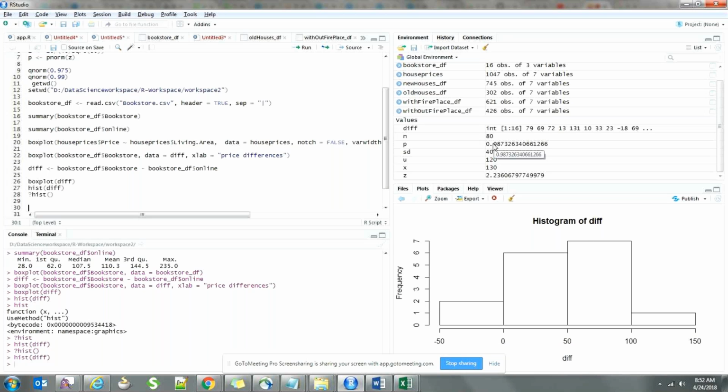Sample size is 16, so n minus 1 will be 15. And probability is 97.5. qt 97.5, and degrees of freedom 15, and get the value, this is the critical value.